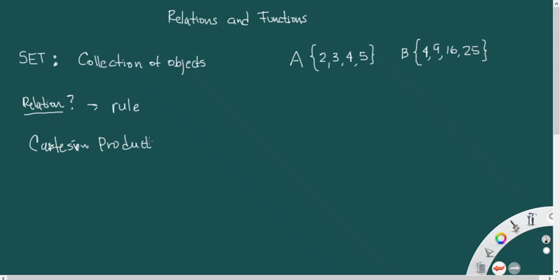The Cartesian product. Let's say, for example, that we want to calculate the Cartesian product of A and B. What will be the result? Well, if we write that, we can have the result here.